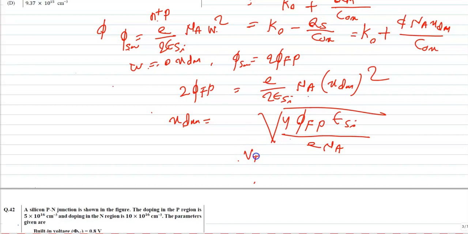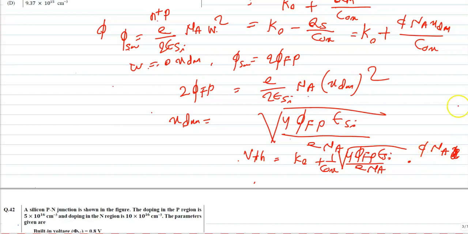VTH is equal to K naught plus, one step I'll do, 4 phi Fp epsilon silicon upon E Na, 1 upon Cox, don't leave it, 1 upon Cox into q Na, because for xdm we have replaced this.